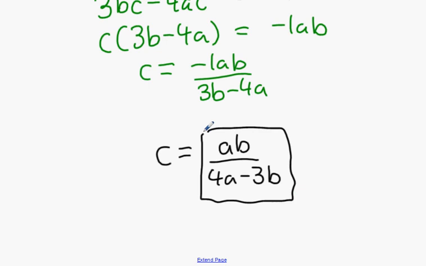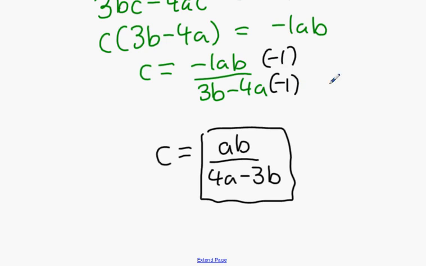Right or wrong? Hands up if you think it's wrong. Trick question, does sound like me. I happen to tell you that it's correct. I'll tell you how. Multiply top and bottom by minus 1. If you multiply the top and bottom by the same amount, you don't change it.